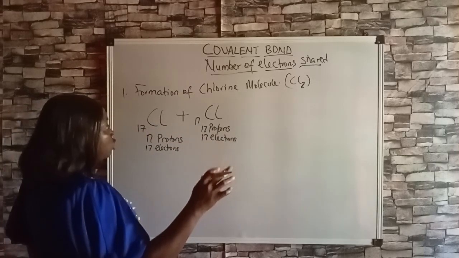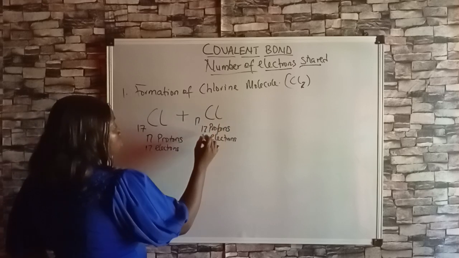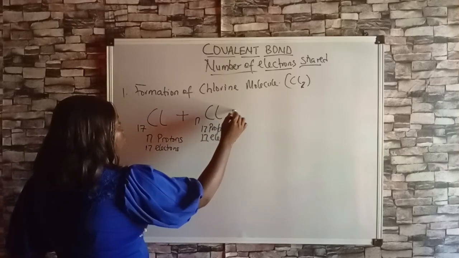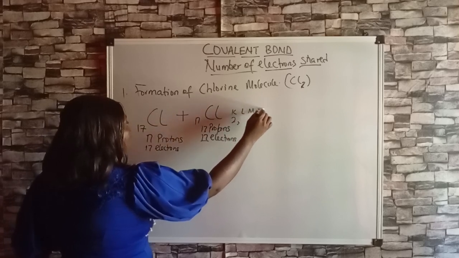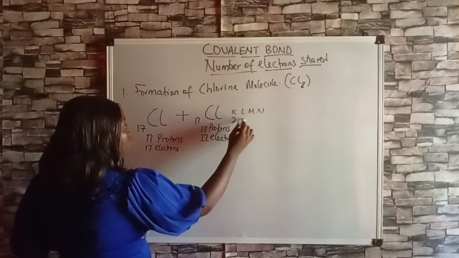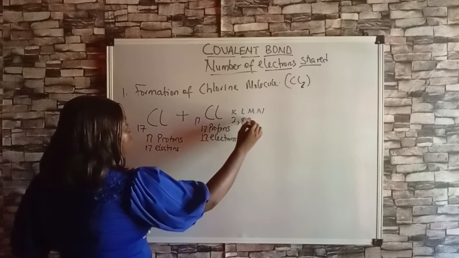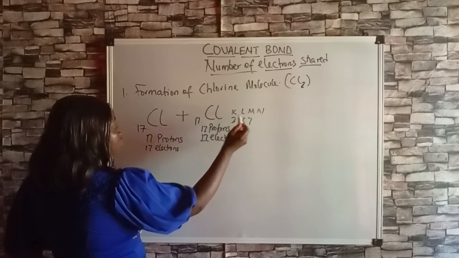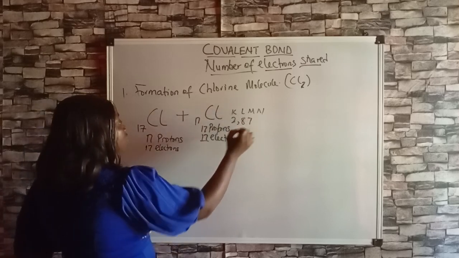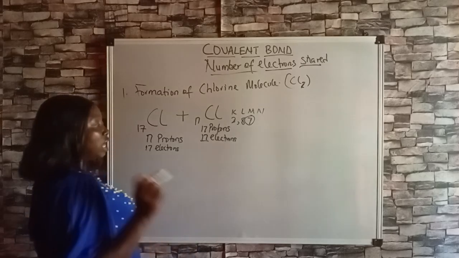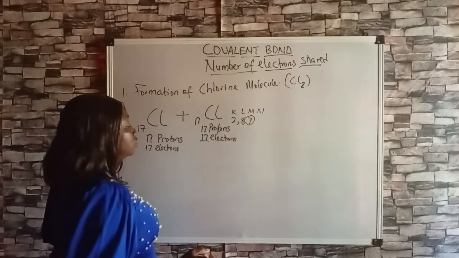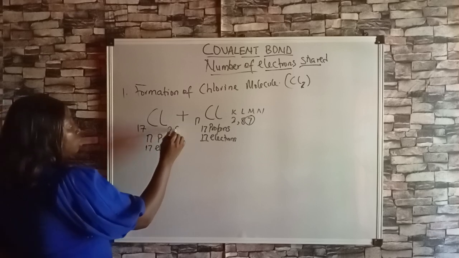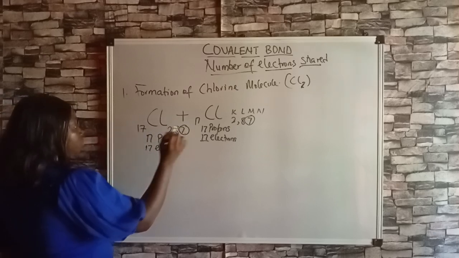With the electronic configuration of their shells, the 17 electrons will be in the K, L, M shells: 2, 8, 7. Looking at 17, 2 plus 8 is 10, 10 plus 7 is 17, which means the outermost shell will contain 7 electrons. And this one is also 2, 8, 7.